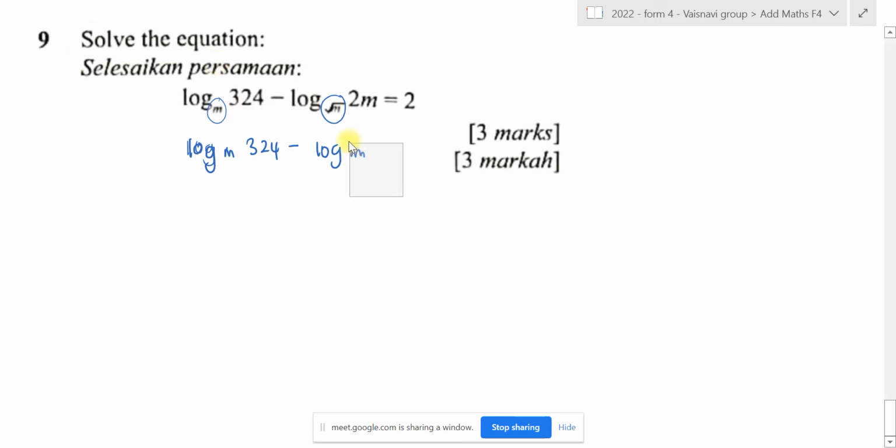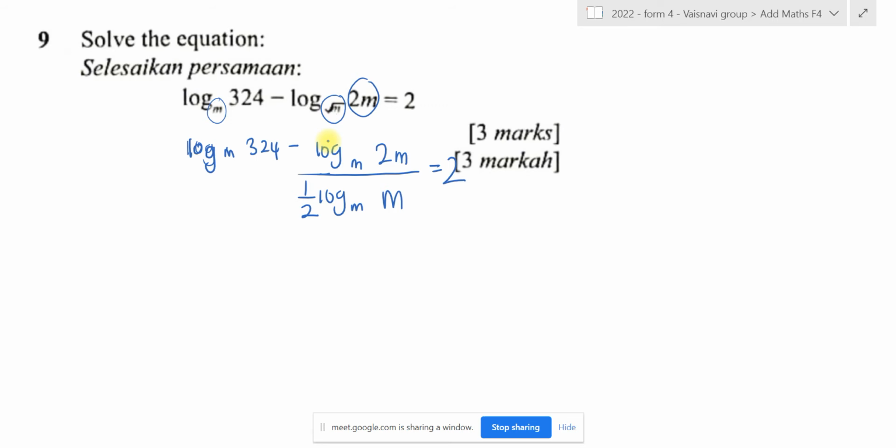Okay, we want to change the base here, so put a fraction here. Log m, this 2m you maintain here, the old base goes below, so m, 1 over 2 you put in front there, equals to 2. And then solve this question.